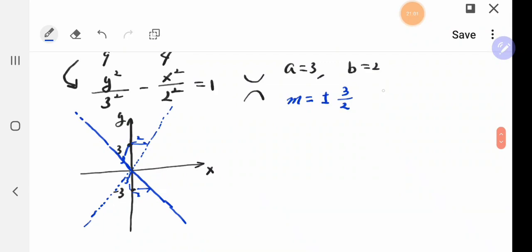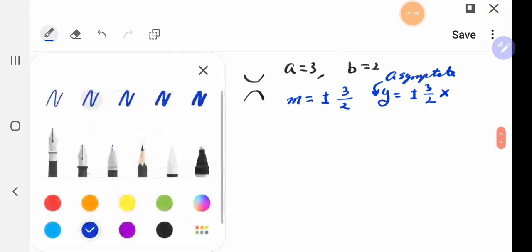So the equation of the asymptote is y equals plus or minus 3 over 2 x. The red line is the graph of the asymptote.